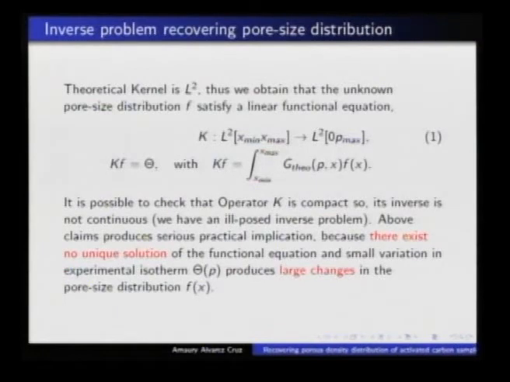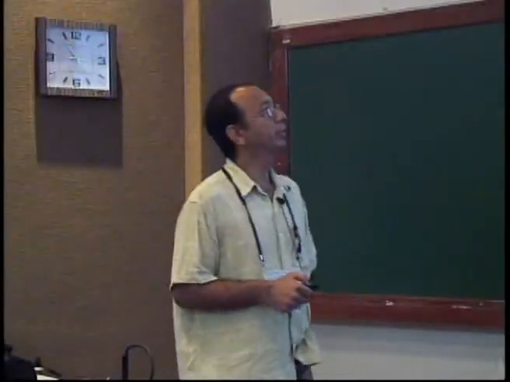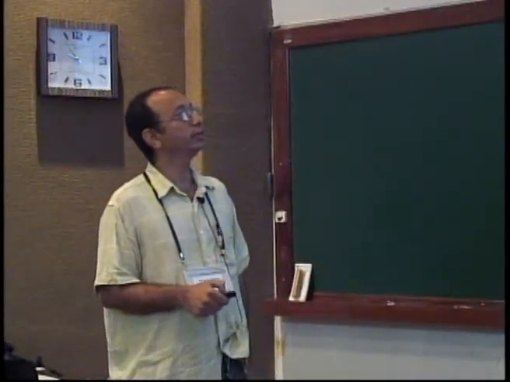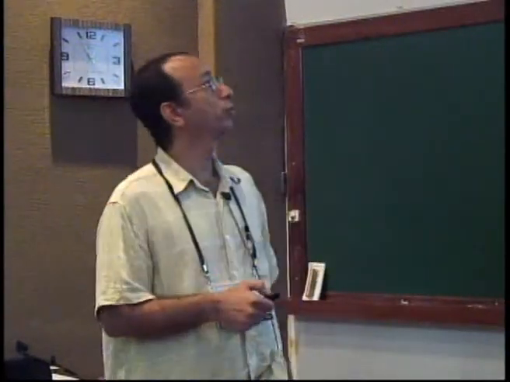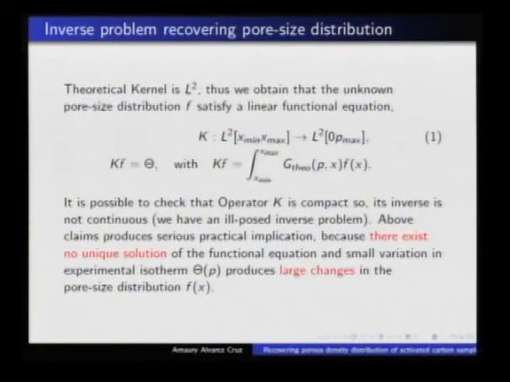The last equation can be put as an operator equation, where the operator is defined in this way, and the unknown porous size distribution is the solution of this operator equation. For example, if we take the kernel as L2, which includes most of the practical situations, this operator from L2 to L2 defines a compact operator.